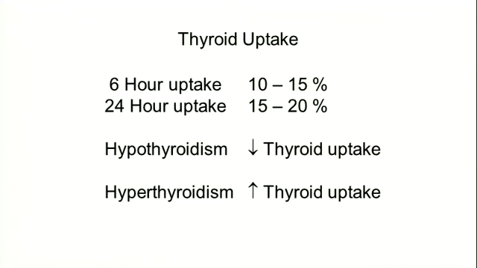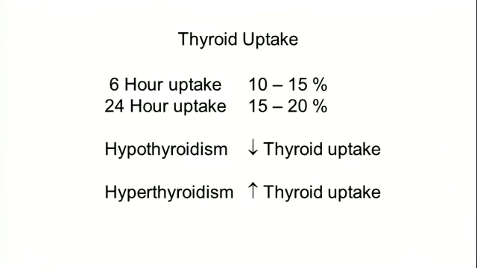That's all it does. So we take advantage of that. We give 100%, whatever the dose is, that was administered to you. And in 24 hours, we would expect normally it ought to be somewhere between 15 to 20%. Here's the fun part. If you're hyperthyroid, do you think that number is going to go up or down?